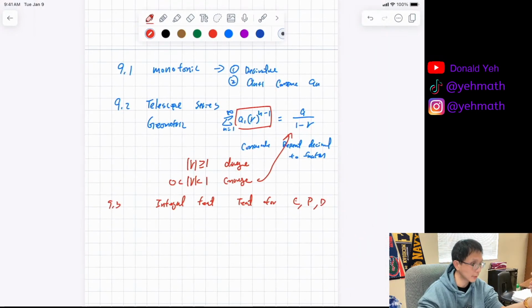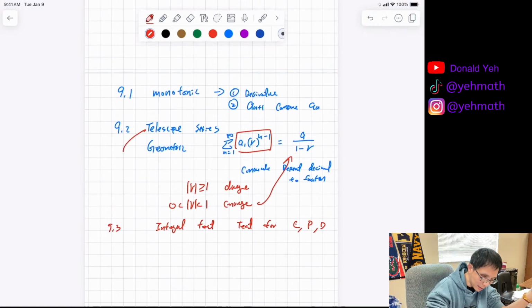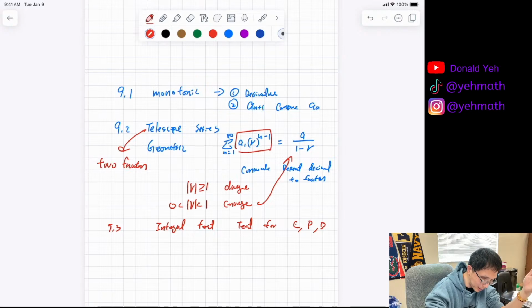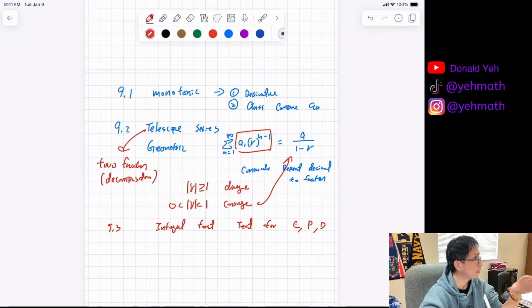You prove it using monotonic, using a sub n plus 1 compared to a sub n. Now, in the integral test, you have to do an improper integral. Oh, by the way, a telescoping series is usually two fractions, or can be made into two fractions by decomposition. If the bottom is factorable, you can decompose it into two fractions, and then you can see the first few terms working out, and you can see what the sum is going to be.